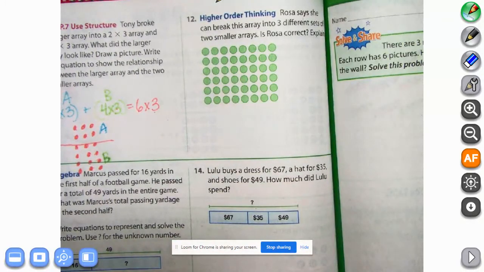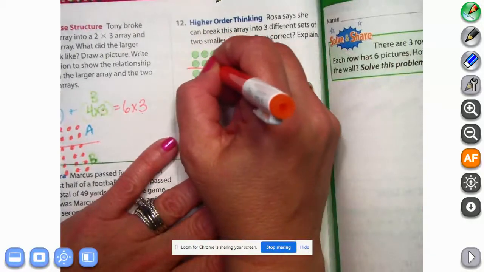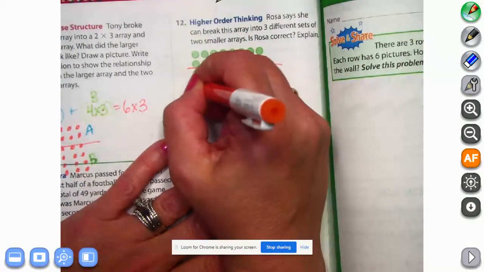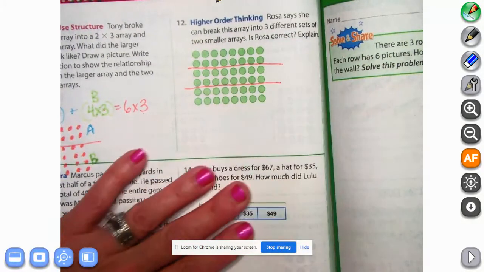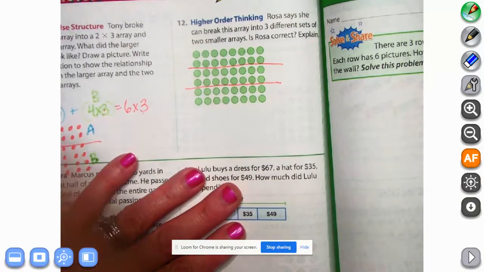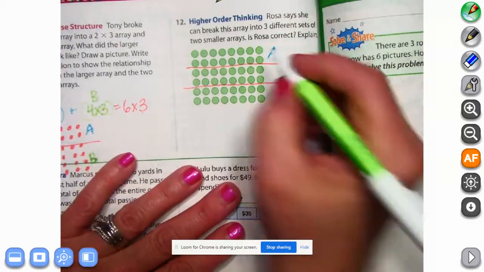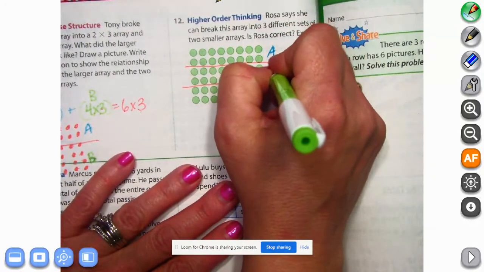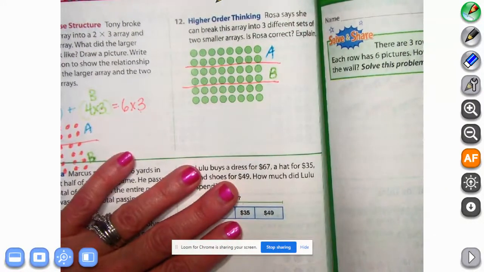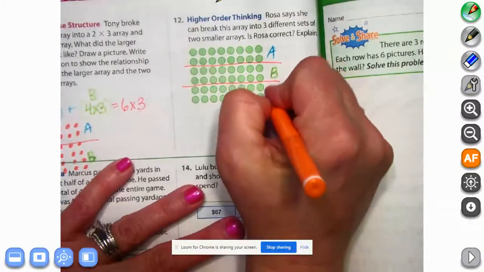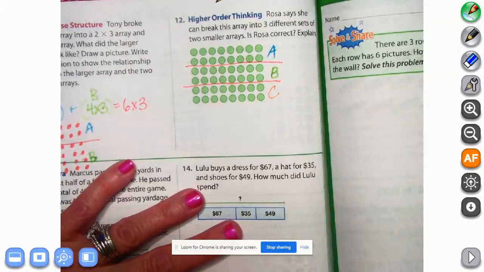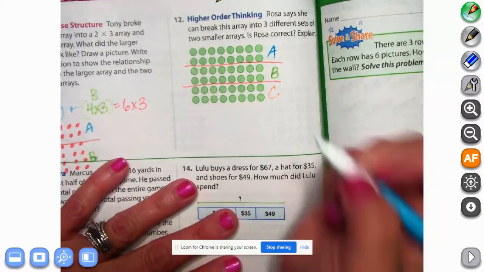So if we draw a line here, and we draw a line here, okay? Then we have A, B, and C.